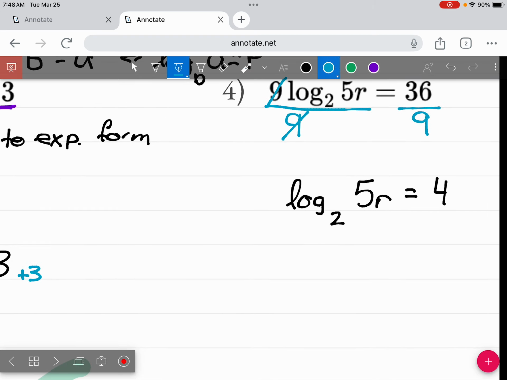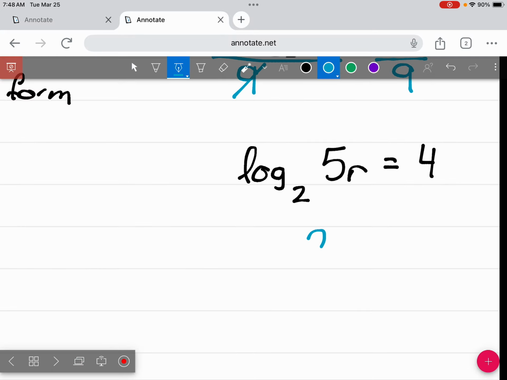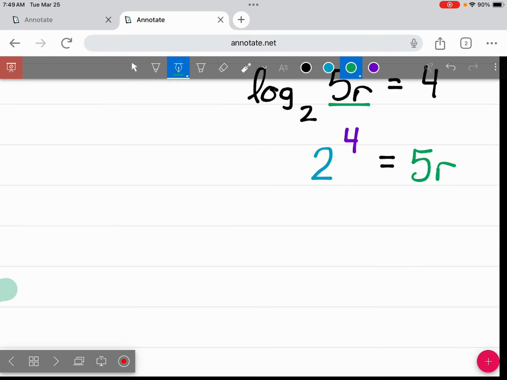So switching this to exponential form, we're going to have our base of 2, our power of 4 equals our argument 5r. So we switch it back to its exponential form, and that gives us something we can work with.